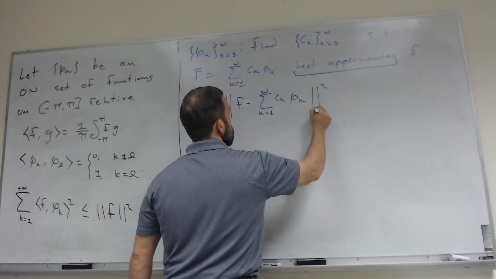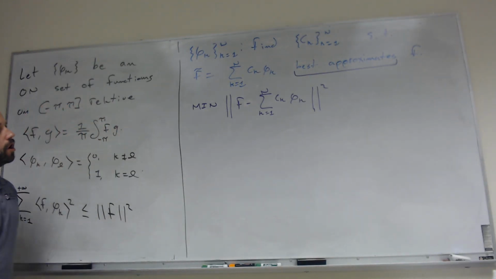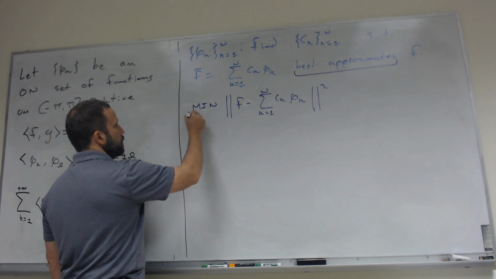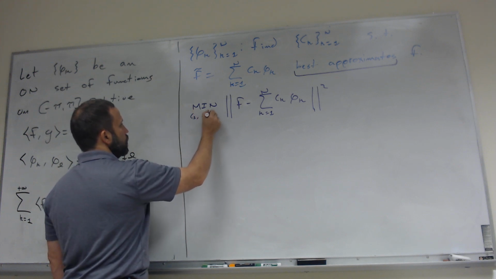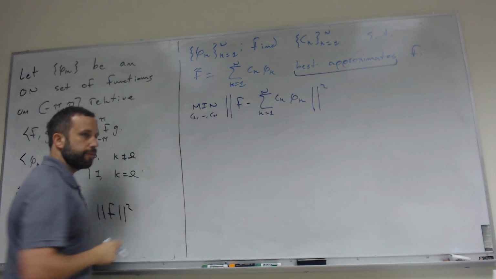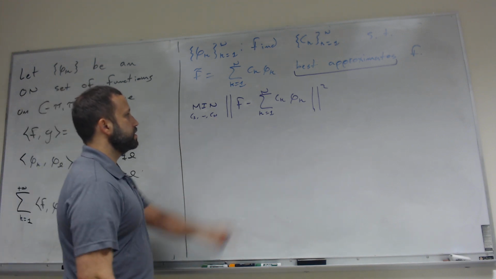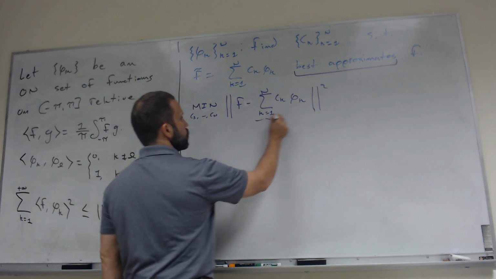Actually, the norm squared is what we're going to do. So we want to minimize over c1 up through cn. In principle these could be complex coefficients, but I want to find the ck's that minimize this expression here. So this right here would be f tilde.